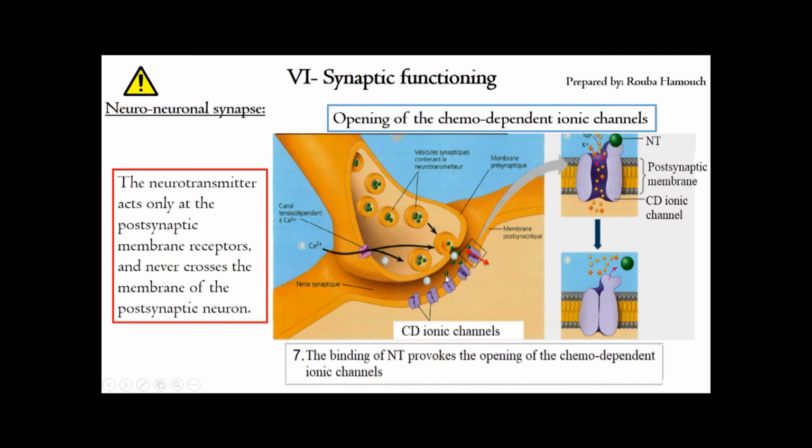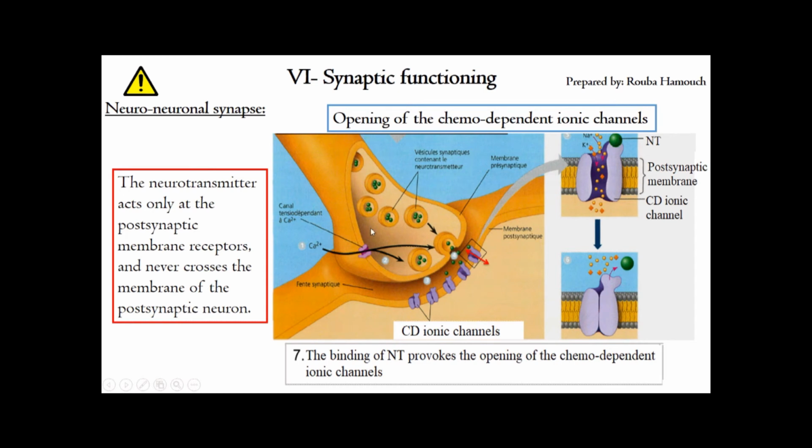We have ions, K+ or Cl- or Na+ ions, that will move through the channels, and they will either enter the postsynaptic cell or exit the postsynaptic cell. So the neurotransmitter does not enter the postsynaptic cell.